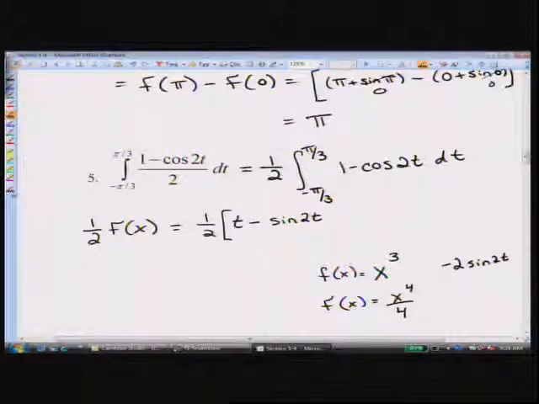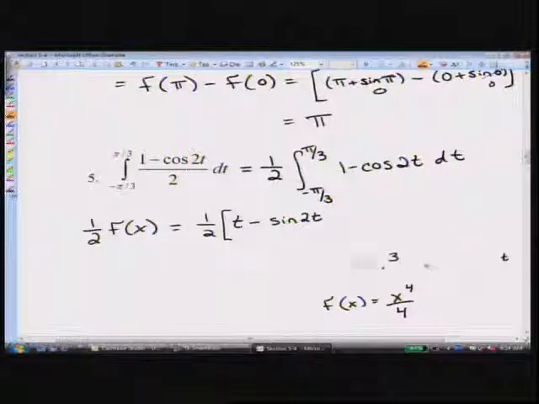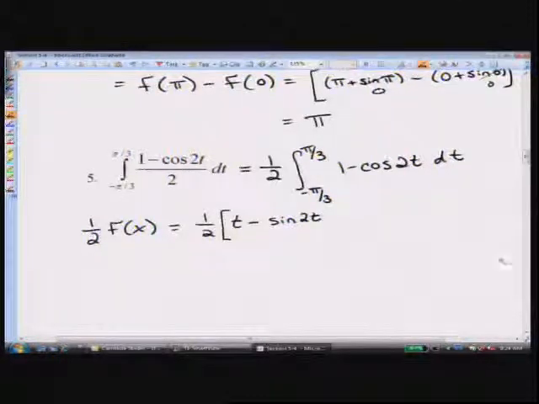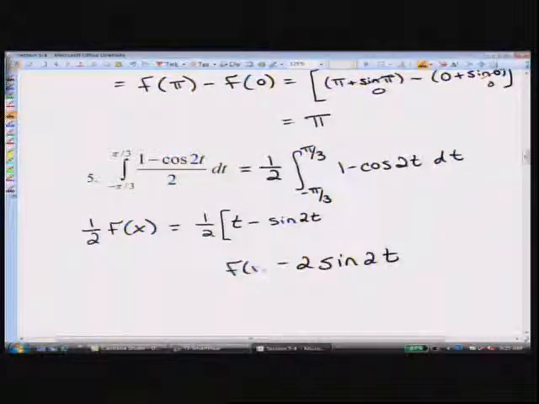What is the derivative of this function right here? We can't see the whole problem. Okay. If your function is -2 sine 2t, what is the derivative of that? If that's your big F of x, what is little f? What is the derivative of that, F prime of x, which is little f?